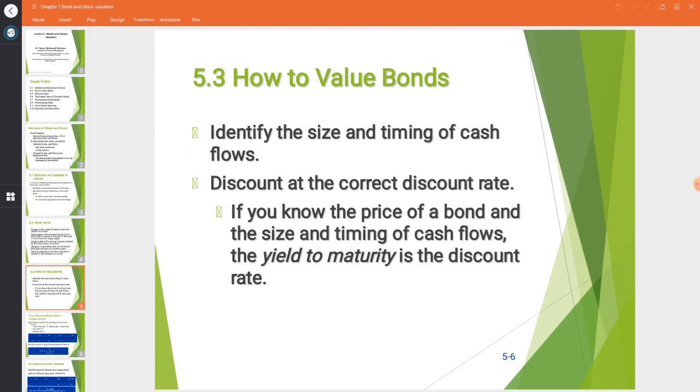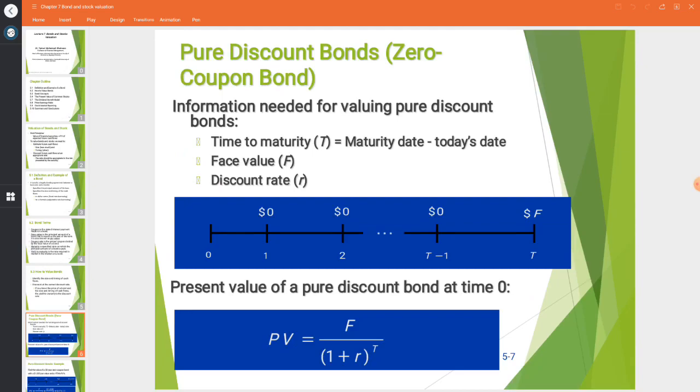If you know the price of the bond and the size and the timing of cash flows, and the yield to maturity can be considered as a discount rate, it will be very easy to assess the market value or the present value of this bond.